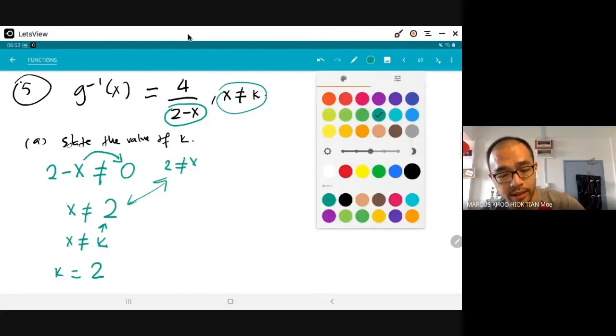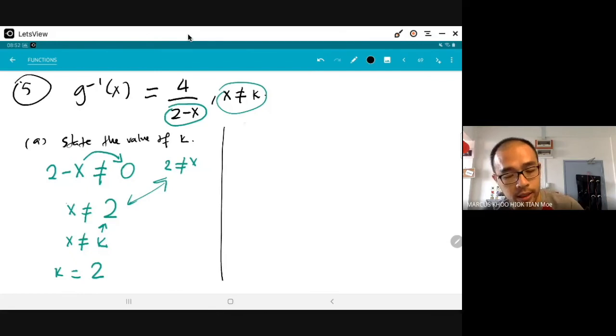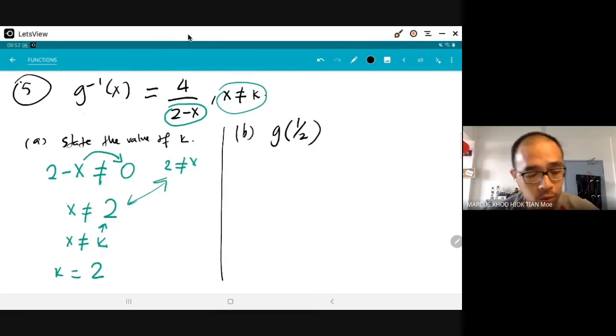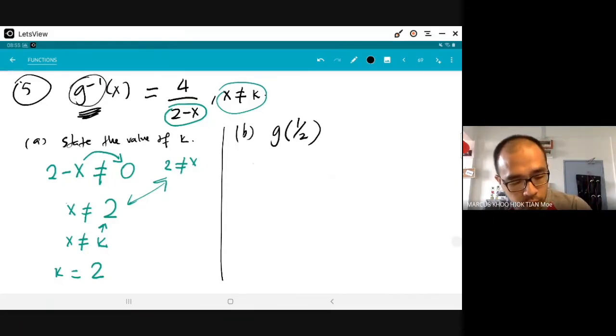Okay, this last one is a question for you lah. So, cari g(1/2). Tapi kamu diberi g inverse. Okay, find g(1/2). Okay, try it first. Okay, saya buat dulu. y equals to 4 over 2 minus x.